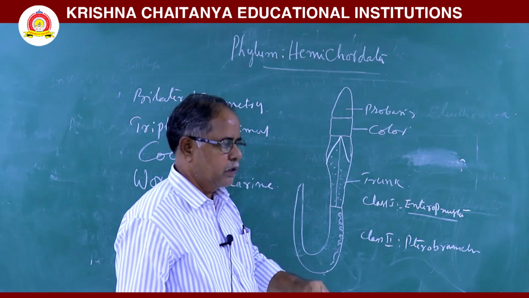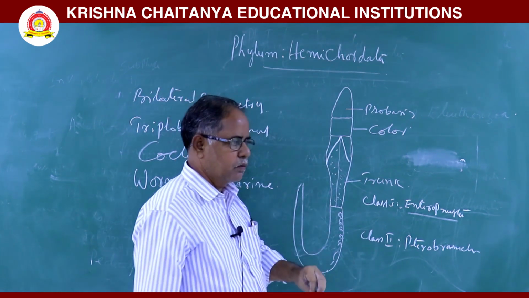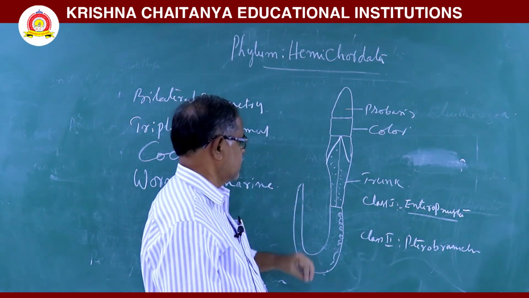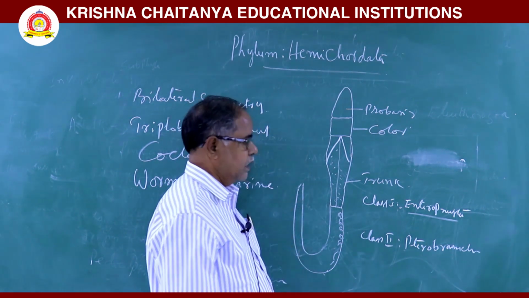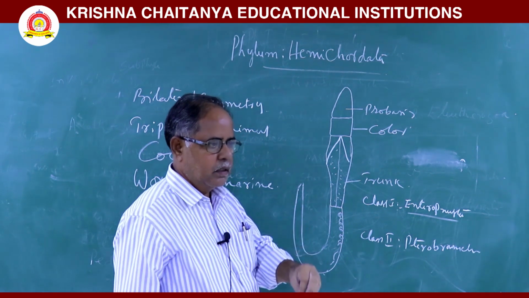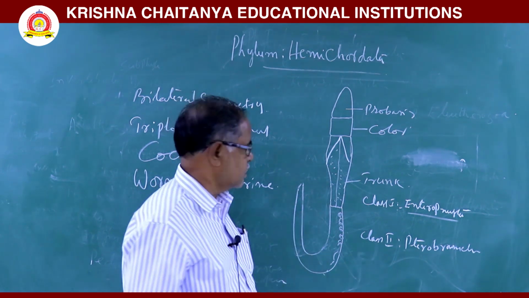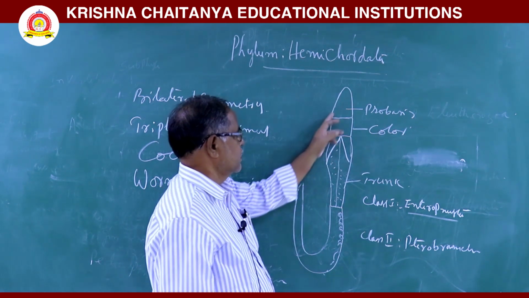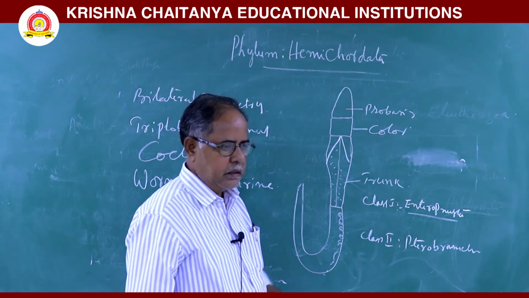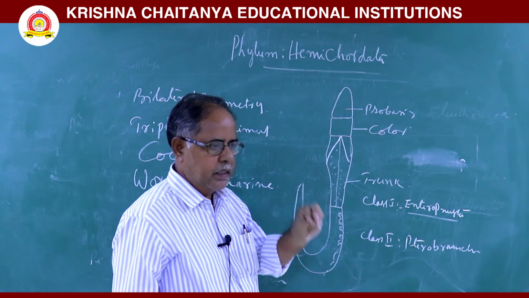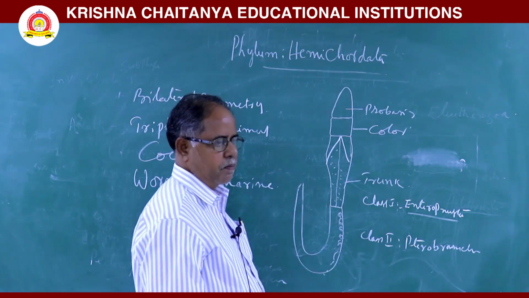These gill slits open into the pharynx. Next, the circulatory system is an open type circulatory system. The heart is on the dorsal side. Next, the proboscis gland is there. This proboscis gland acts as an excretory organ.